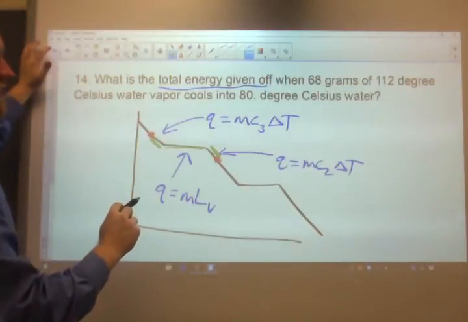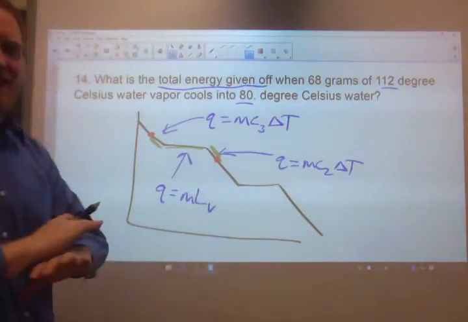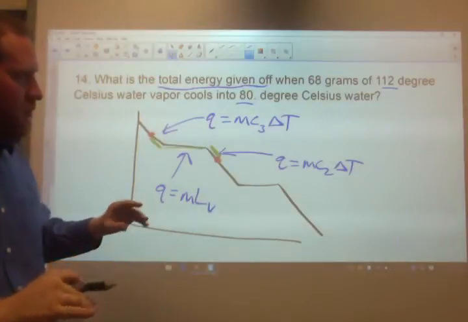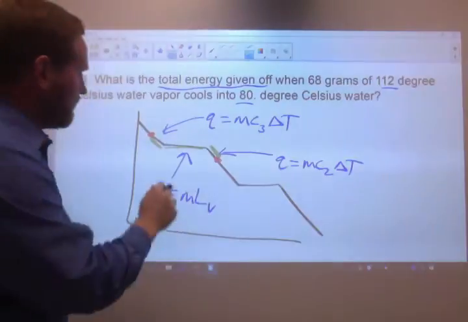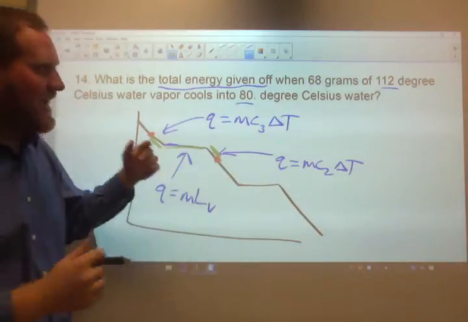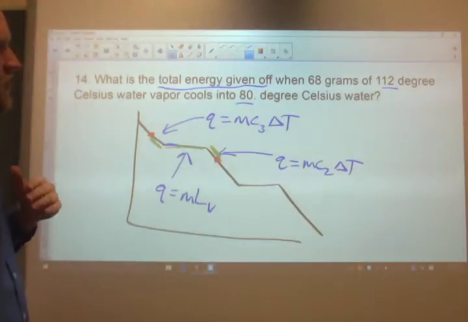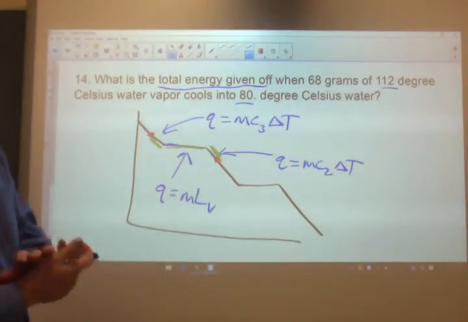And delta T, careful here. We have 112 going into 80, but that's not step 1. Step 1 is just from 112 degrees down to 100 degrees. It's not going to jump right to 80. It has to stop at 100, condense, then drop down to 80. So my first delta T is only going to be 12 degrees.